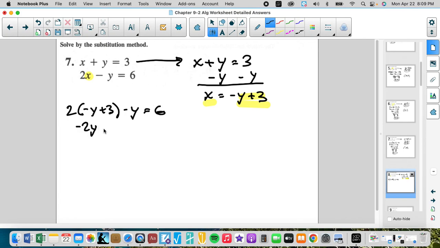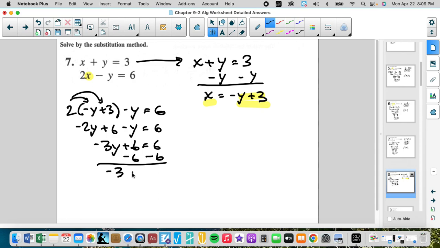Negative 2y plus 6 minus y equals 6. I just distributed both of those. I'm going to simplify before I move. Negative 3y plus 6 equals 6. Minus 6, minus 6. Negative 3y equals 0. Divide by negative 3. Divide by negative 3. Y equals 0.